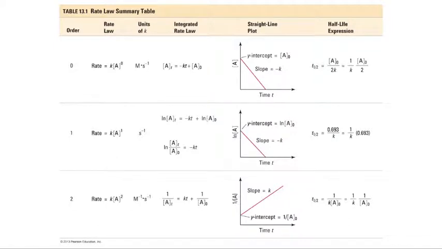And so the slope here is equal to k, and the y-intercept is equal to 1 over the initial concentration of A. The respective half-life equations for each type of integrated rate law are given in the final column, column 6. Those are derived by figuring out the amount of time that it takes for the concentration of A at time t to be 1/2 of the original concentration at time 0.